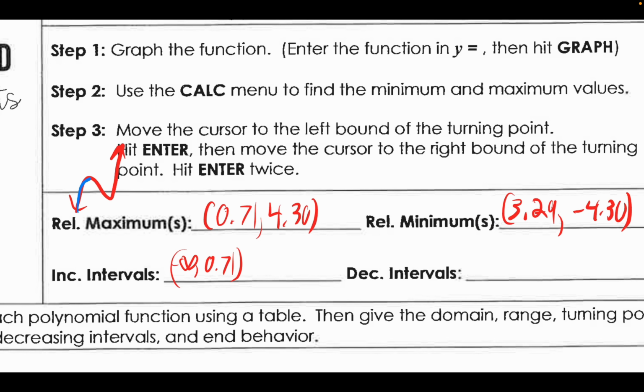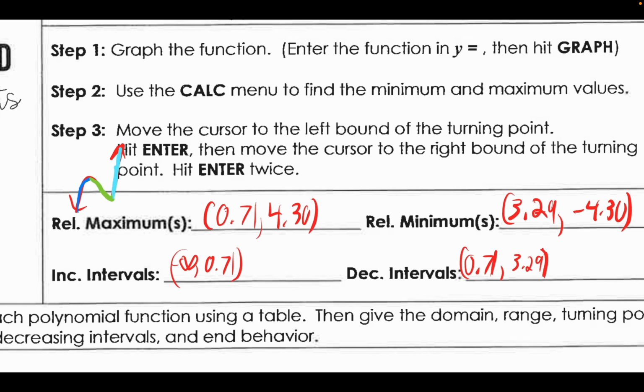And then it decreases in a portion I'll highlight in green right here, which was between 0.71, comma 3.29, which was the x value of the minimum. And then it increased again, which I'll make light blue on this last portion.